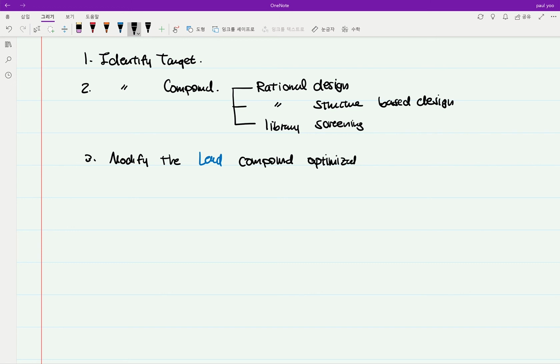So it increases or decreases the potency, and it lowers the toxicity, then generates candidates for clinical trials, balancing activity and ADME-tox.